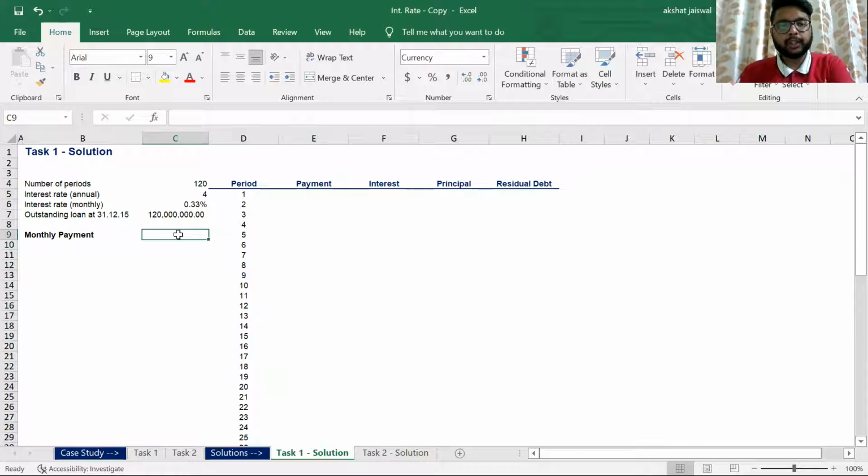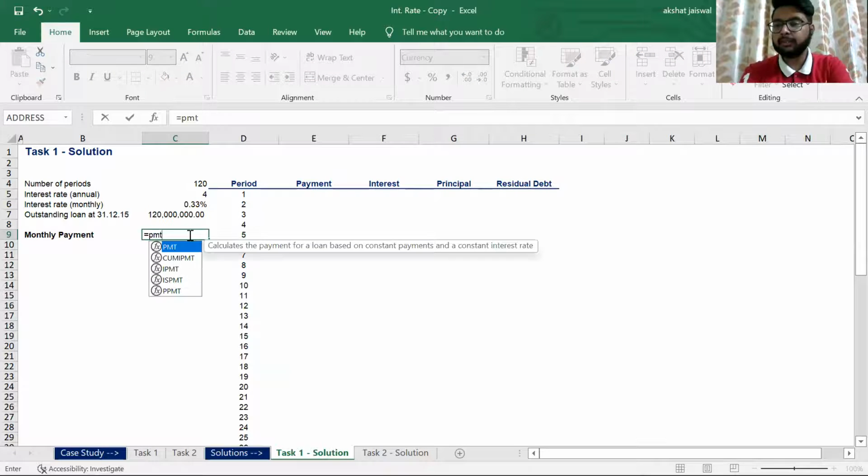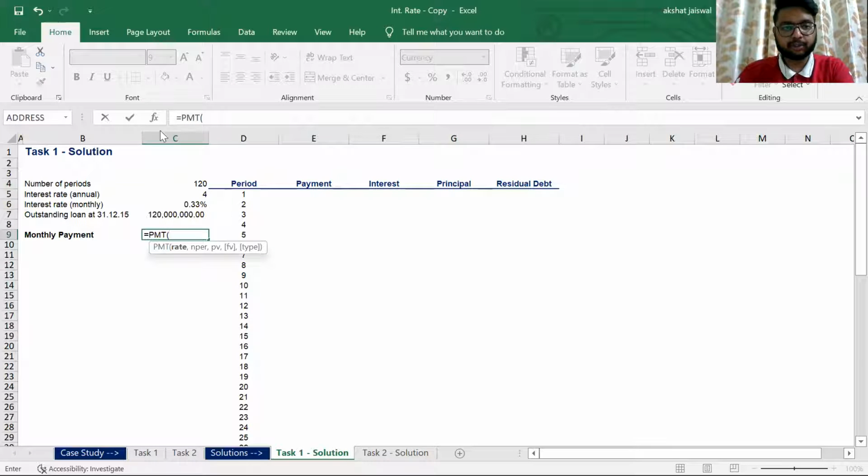Now we need to also find how many months he has to pay. That is monthly payment. So here we'll use the function equal to PMT. PMT is nothing but payment. Let's click on this payment, and then go to this fx that is called function box. Click on this.